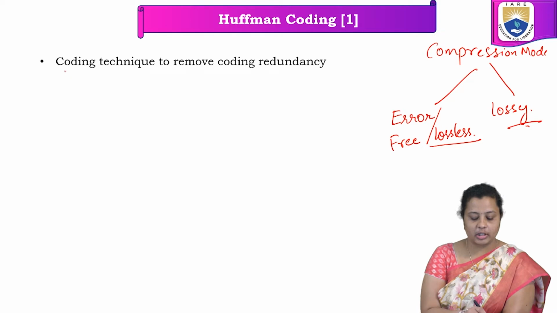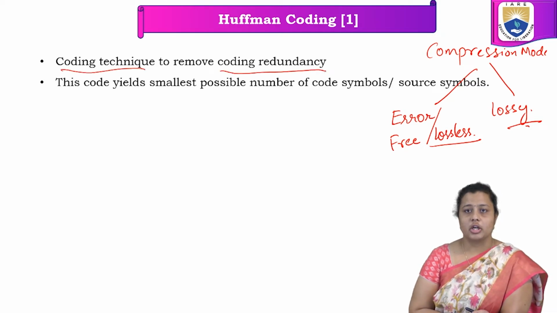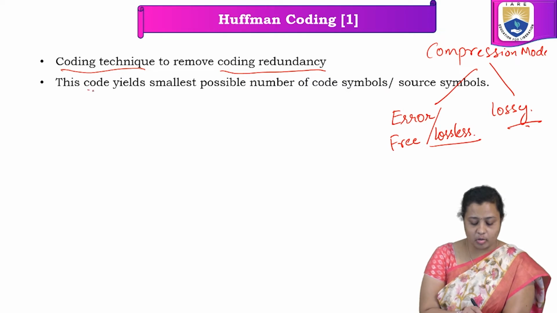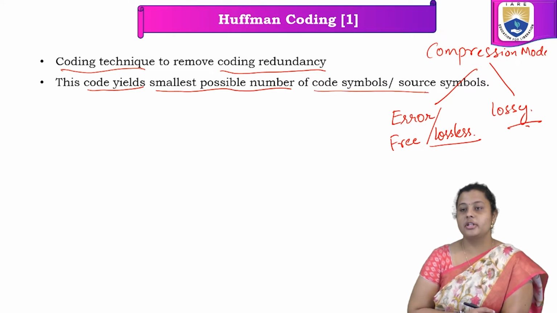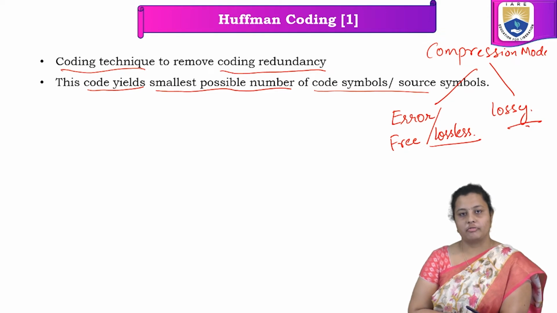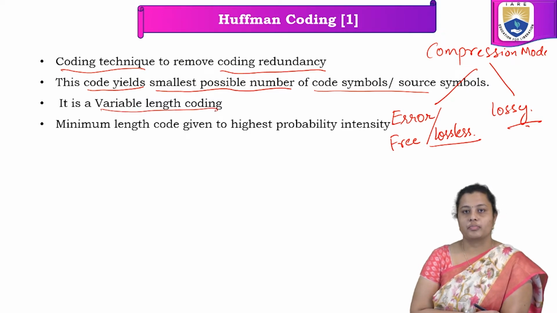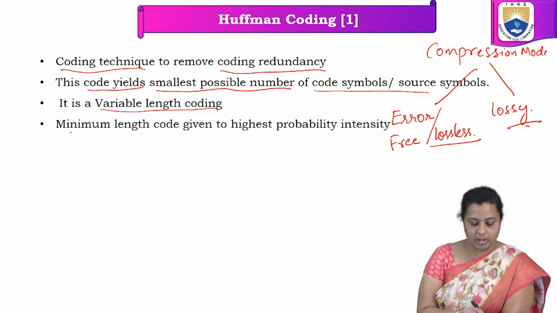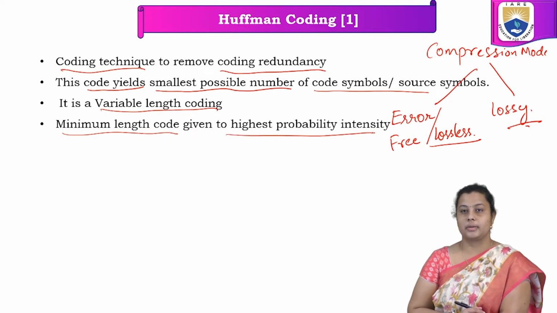So what is Huffman coding? It is a coding technique by which coding redundancy is reduced. This code yields the smallest possible number of code symbols per source symbol. We'll talk about it in detail when I explain an example. It is a variable length coding technique also. The minimum length code is given to the highest probability intensity.